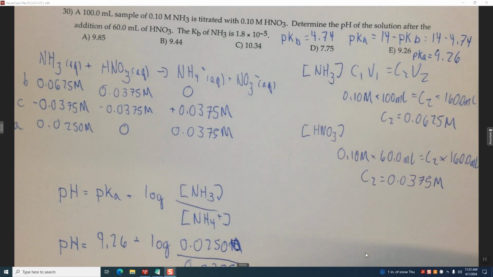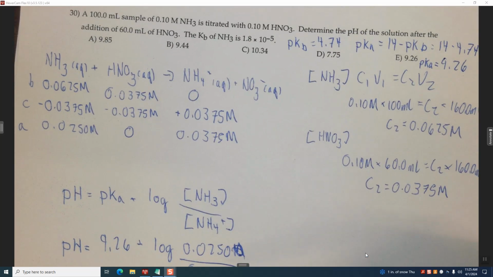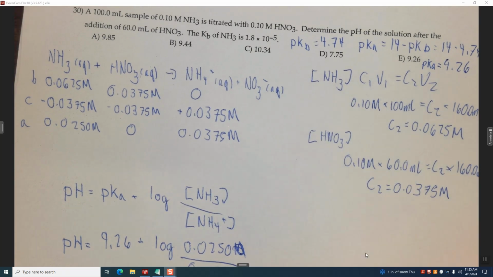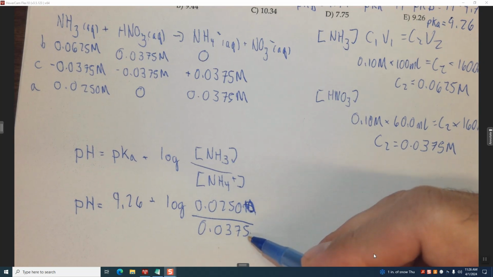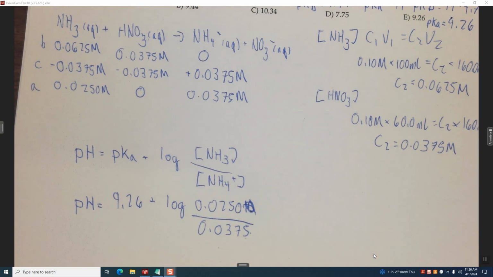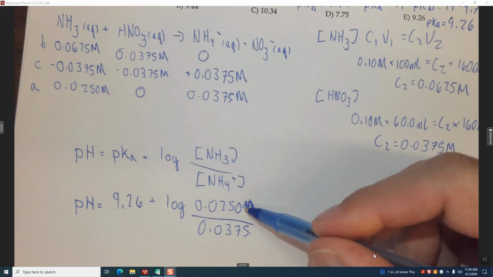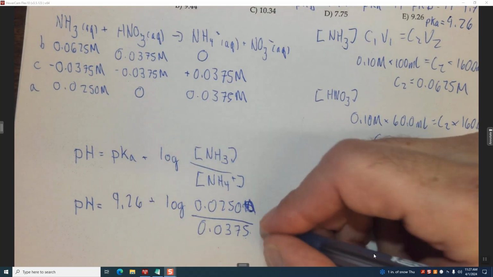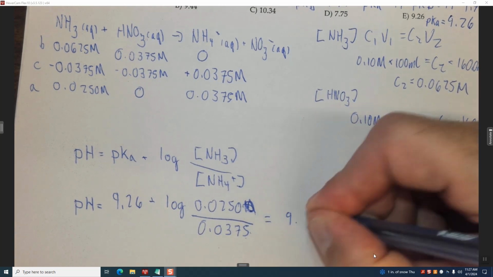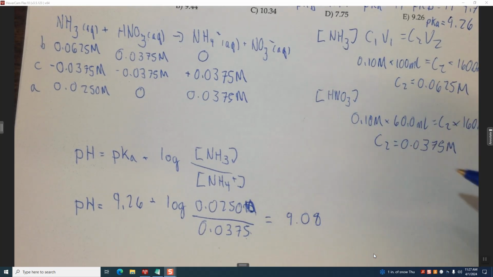So in this case, you're going to have slightly more of the acid than you have of the base. So this means that the pH is going to be slightly lower. And when you do that, you're going to find that it's 9.08.